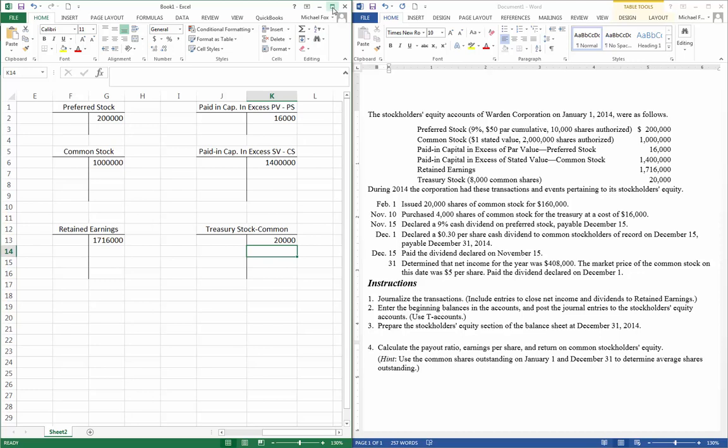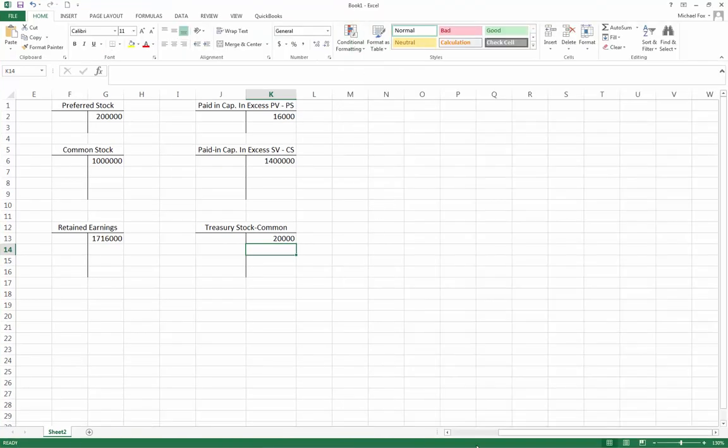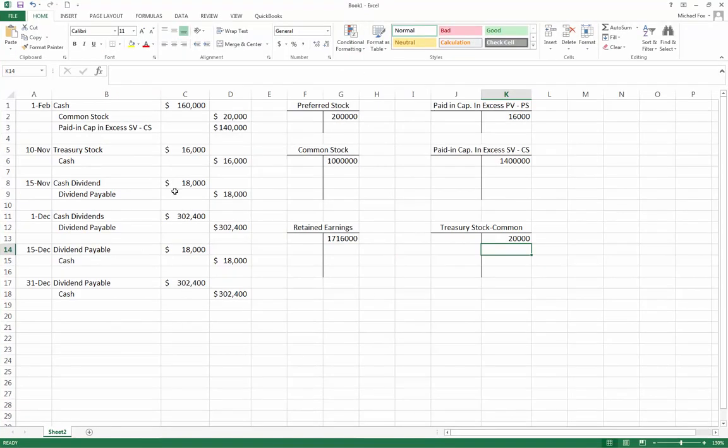All right, so now we have to go through and look at these transactions that we posted and add them. So we did common stock, debit of $20,000, and paid-in capital in excess of stated value on common stock, $140,000. Treasury stock had a debit of $16,000. Ooh, actually, this beginning balance on treasury stock should be over here, right?